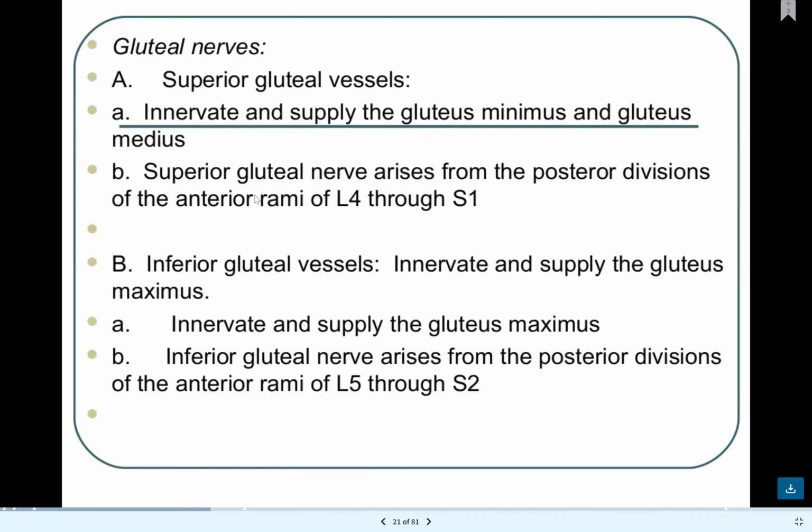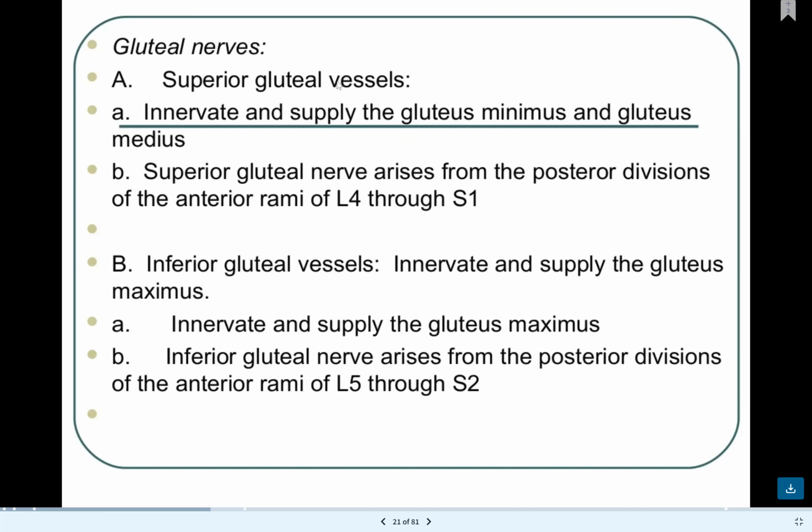It arises from the posterior divisions of the anterior rami of L4, L5, and S1. Let me take this again, I think I made a mistake saying this.